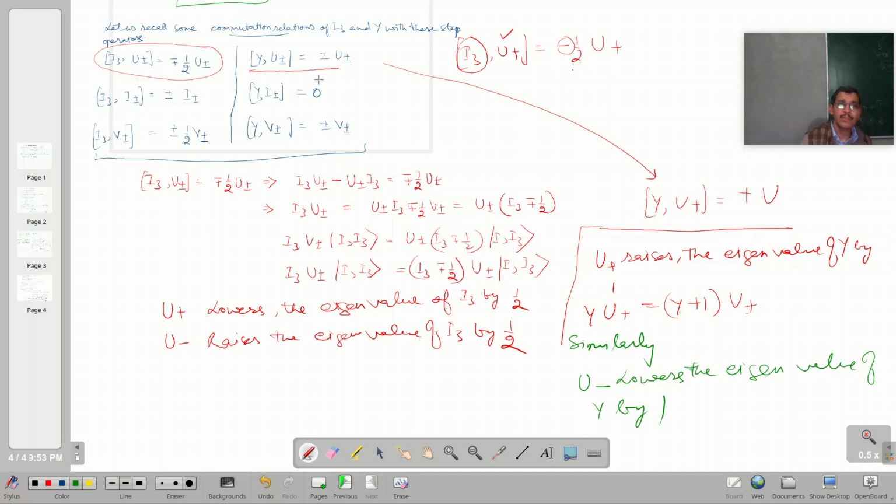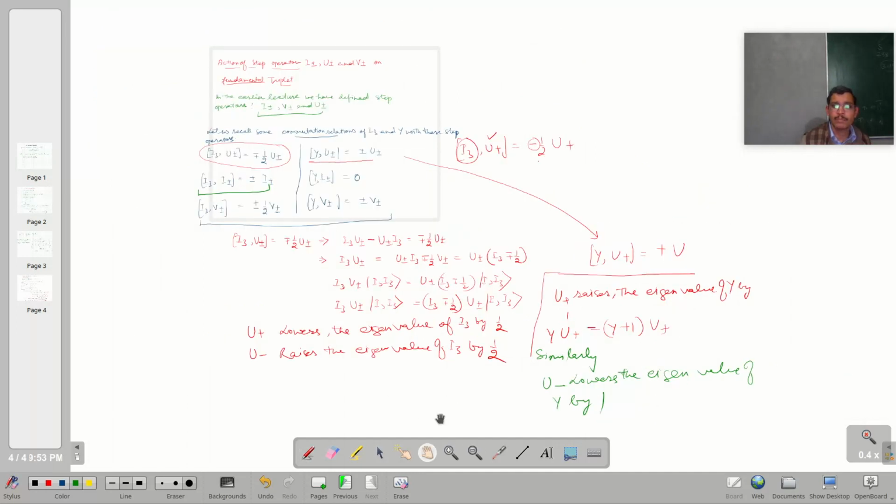And if I look at this part, then what does it mean?